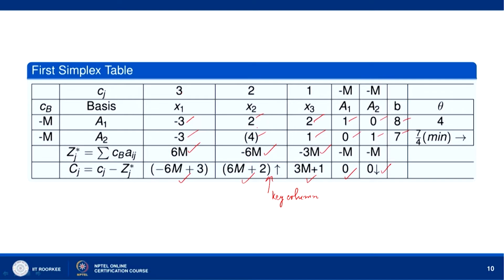So, 8 by 2 is 4 and 7 by 4 is 7 by 4. Out of this 4 and 7 by 4, 7 by 4 is clearly minimum. So, this is our key row. At the intersection of key row and the key column we get 4. So, key element is 4.